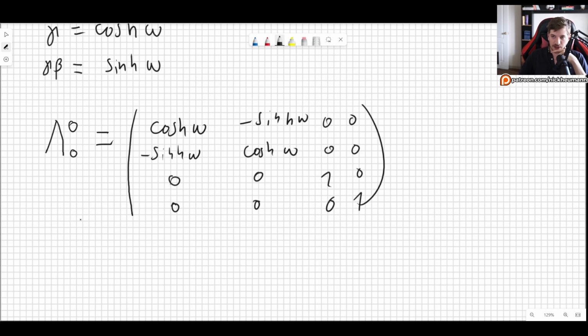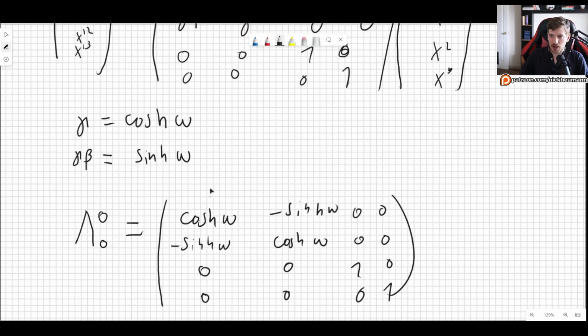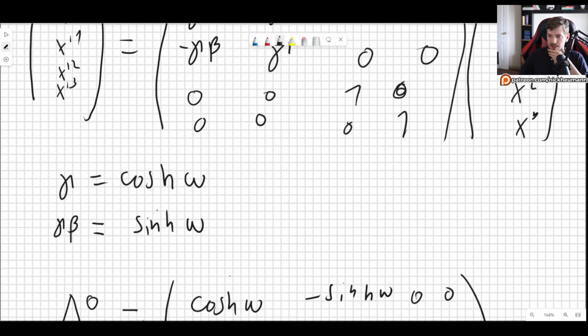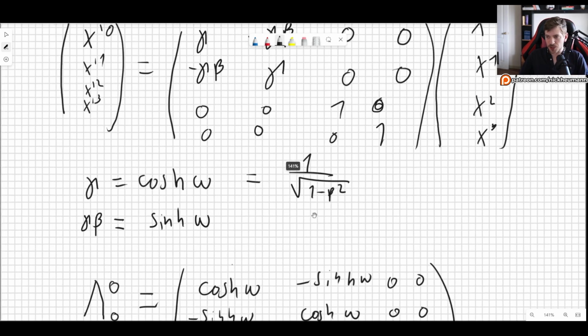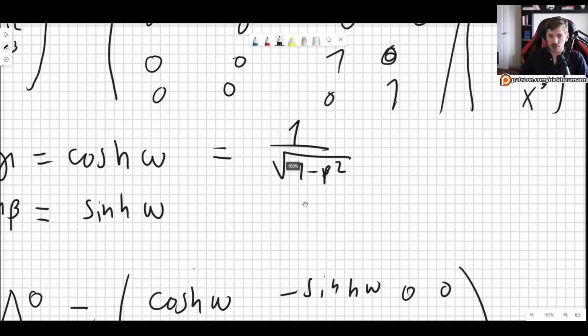So if we defined our cosine and sine like this, but keeping in mind that gamma is simply 1 over the square root of 1 minus beta squared, beta, we know, can have values that range from -1 to 1, depending on which direction you're moving.